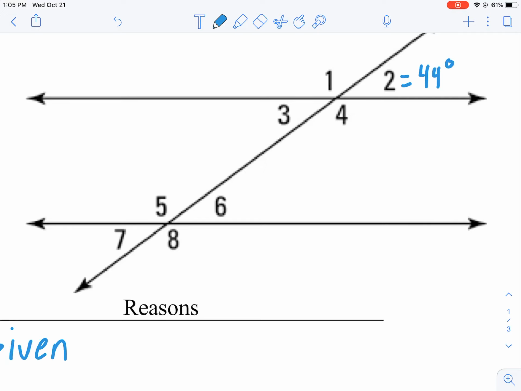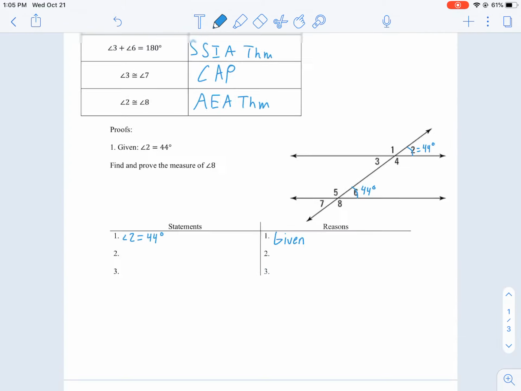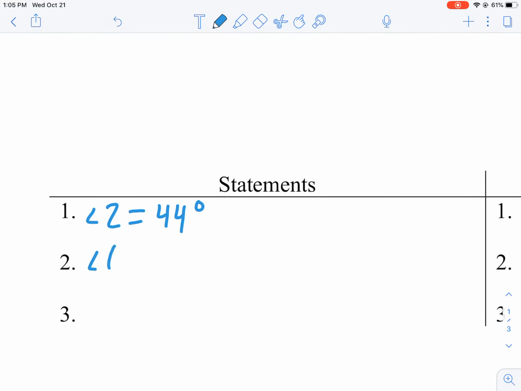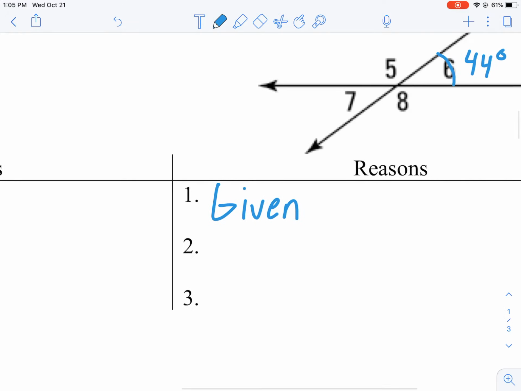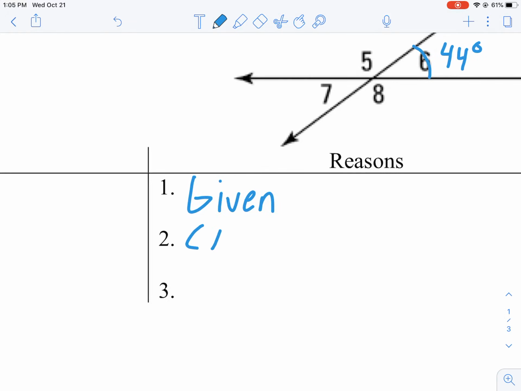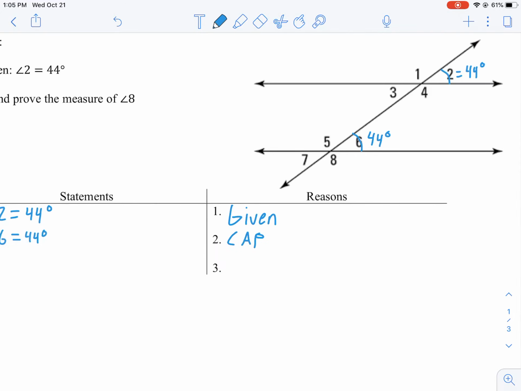So if we know angle 2 is 44, angle 2 and angle 6 are the same because they're corresponding. So that means angle 6 must also be 44. So I'm going to say angle 6 equals 44 degrees. And since they're corresponding, that would be CAP. You got to know the names of how you're working through your proof.